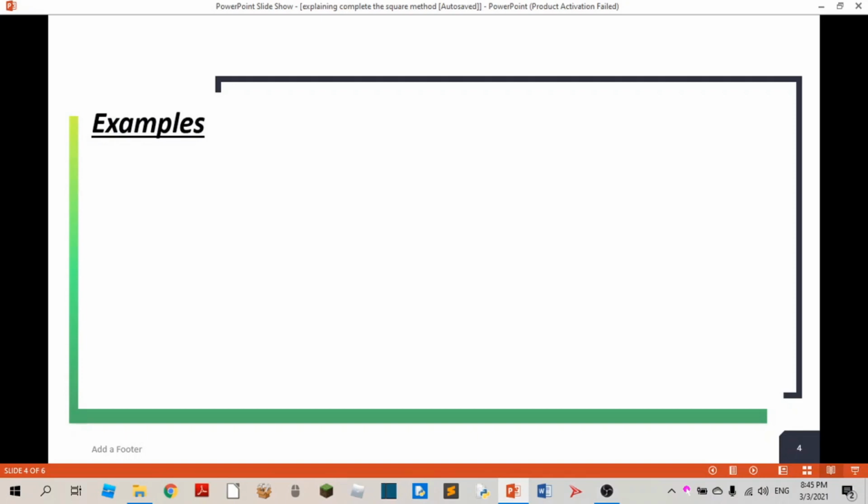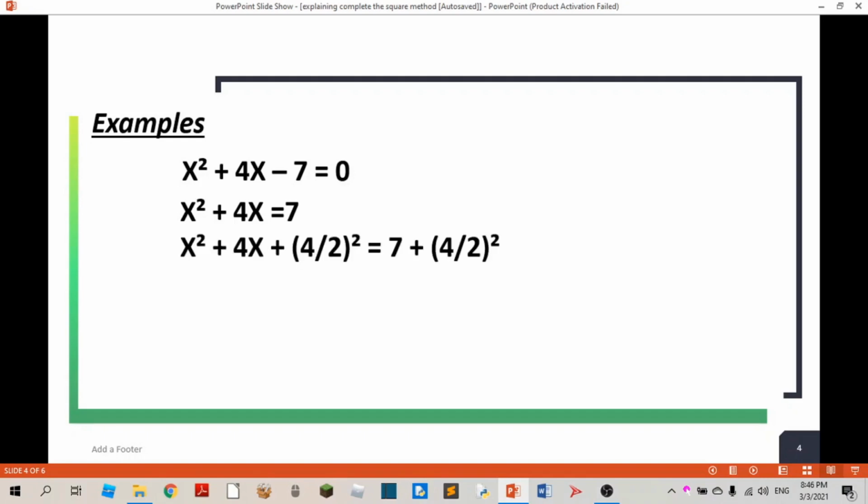Here is an example of solving a quadratic equation with the complete the square method. We have the quadratic equation x squared plus 4x minus 7 is equal to 0. By that, we can get another equation, which is x squared plus 4x equal to 7. Now, we have to make this equation into a perfect square. Remember we added b squared to both sides, but b is big B divided by 2a.